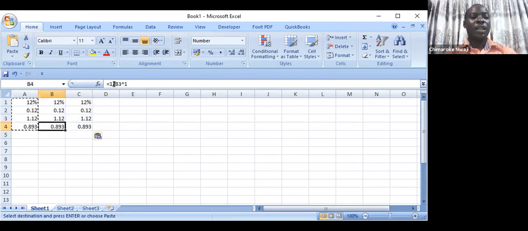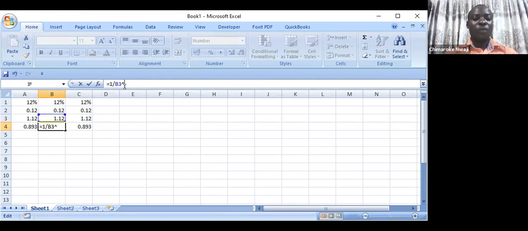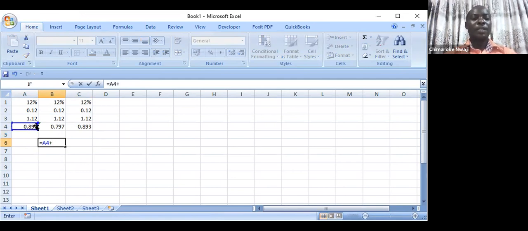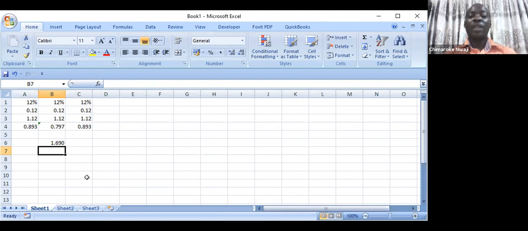Now, this happens to be for year 2, I have 0.797. If I add year 1 and year 2, that gives me the 1.690. That is what I said we are going to use. Use the discount factor for year 1 plus the discount factor for year 2. You have your value to use to divide the NPV.